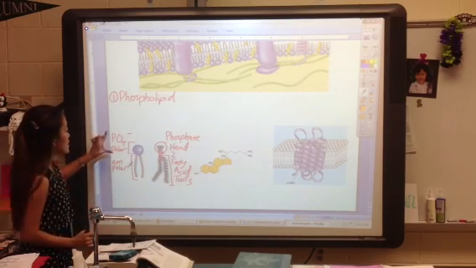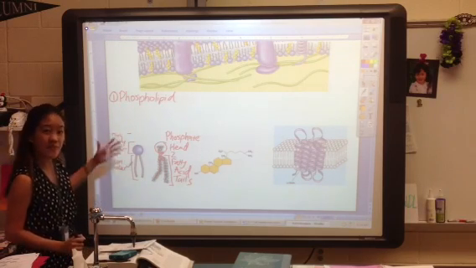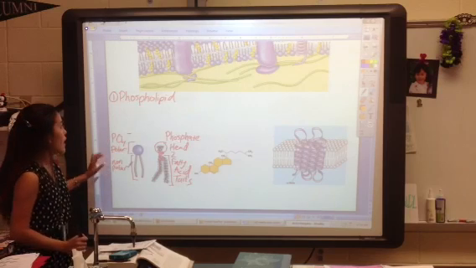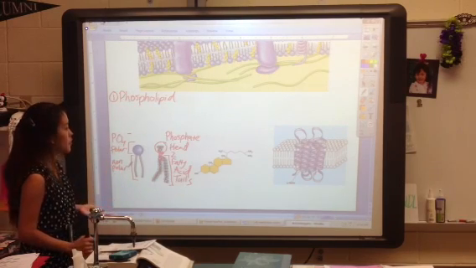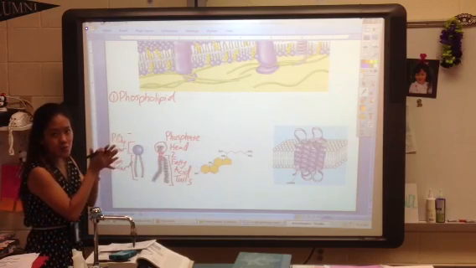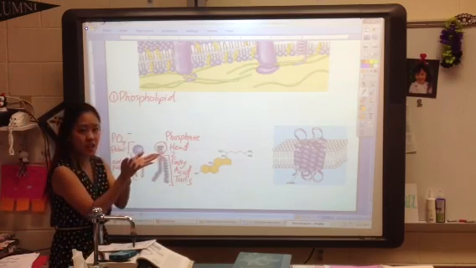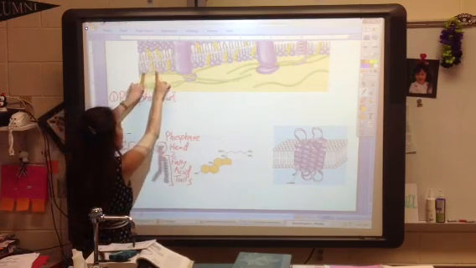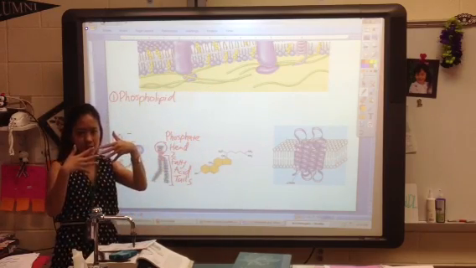Because we have this polar and non-polar region, remember that this molecule is amphipathic, it's both. This is actually what allows it to spontaneously form our cell membrane. If you took a bunch of phospholipids and threw them into some water, they can congregate with each other and have all of the heads face the outside with the fatty acid tails on the inside.